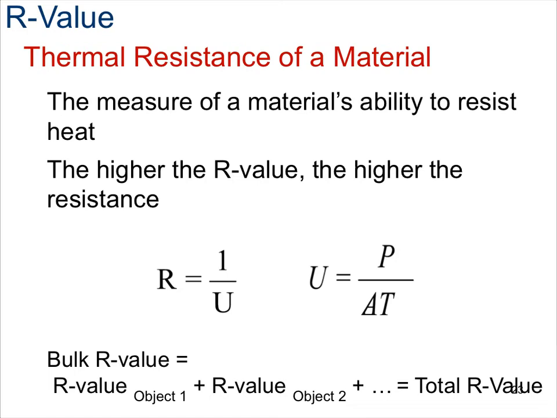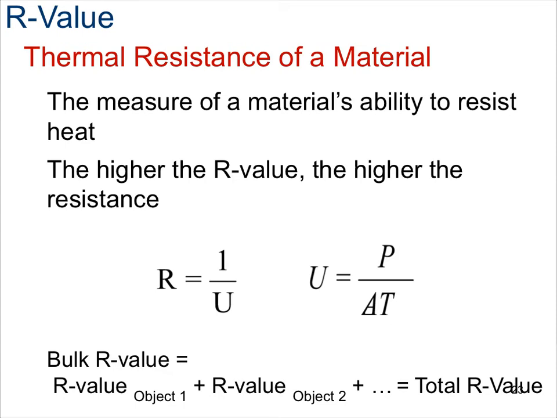To calculate the R value, simply divide 1 by the U value figure. For example, a U value of 0.10 equals an R value of 10, since 1 divided by 0.10 is 10. To calculate the U value, divide 1 by the R value. A 3.45 R value is equivalent to a U value of 0.29.